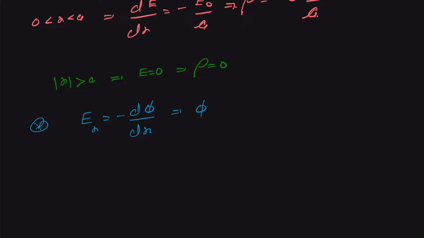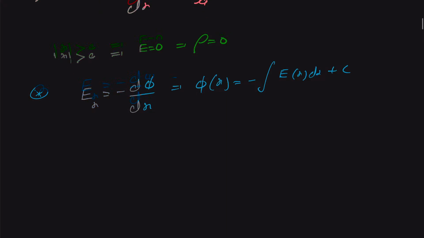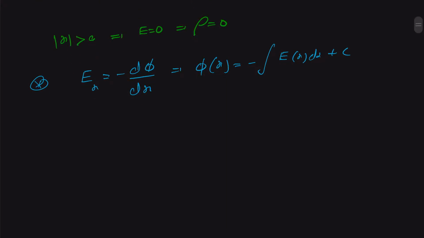Therefore from here we can say that our potential is equal to minus integral of electric field plus a constant c. Now we are going to integrate with respect to both the regions. So first region is between minus a, x and 0.